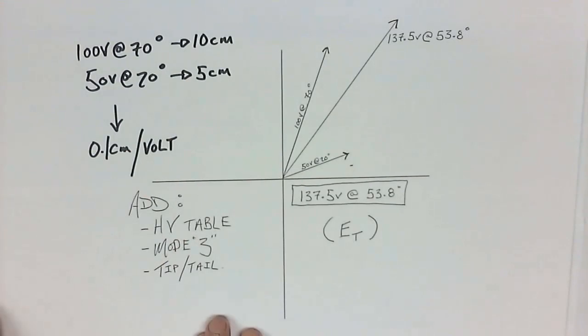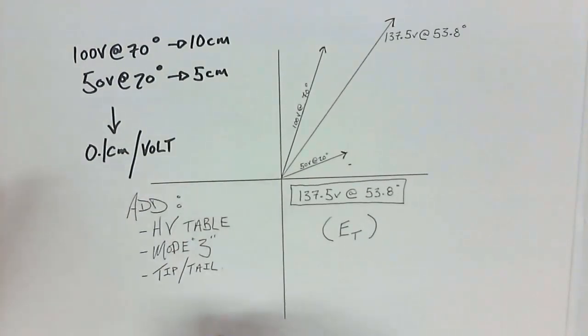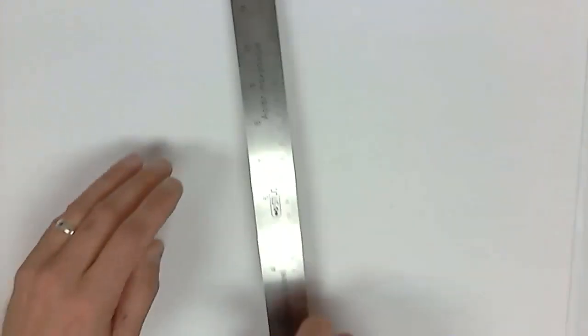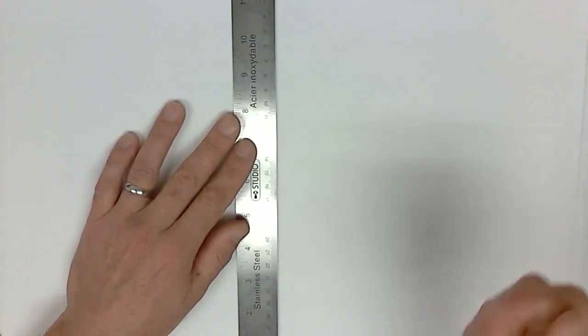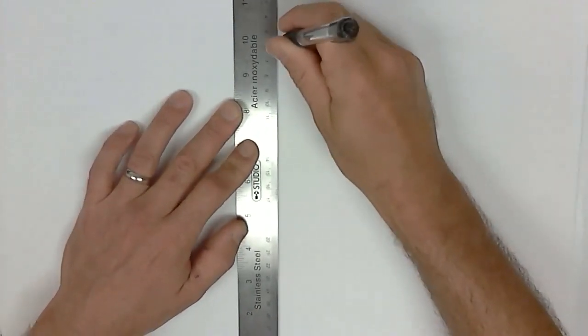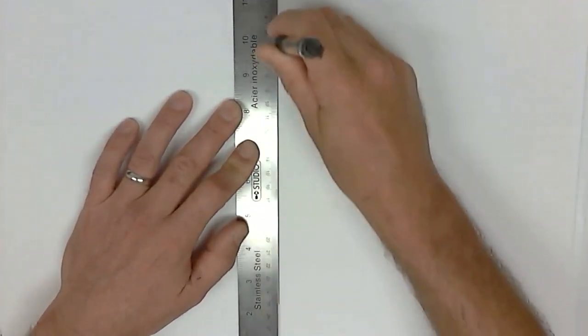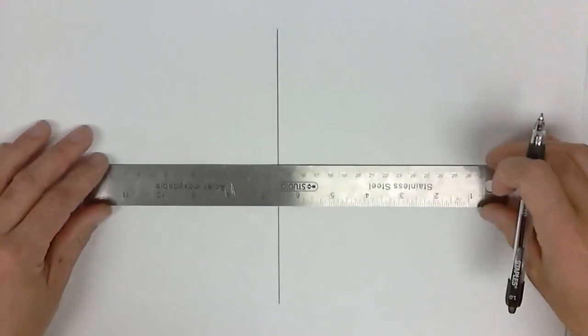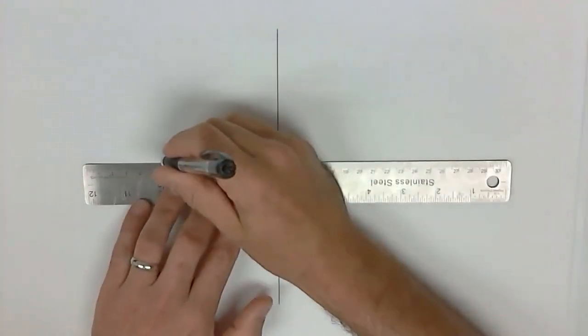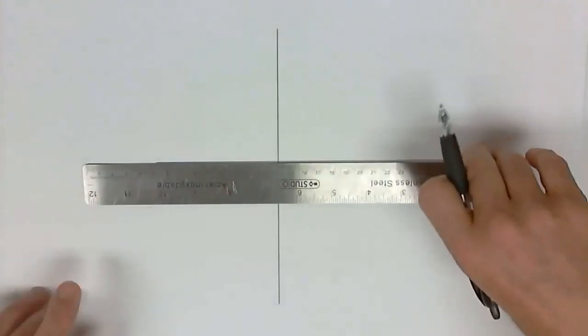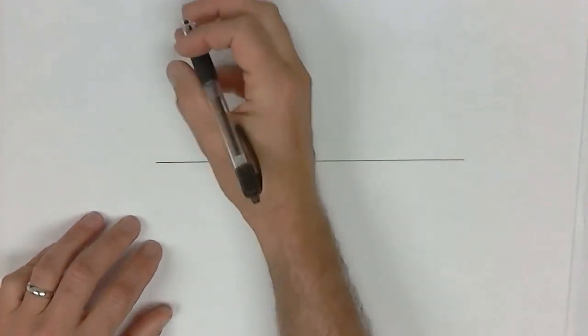Okay, so last item that I'm going to do here is just show you how we can utilize scales and the protractor when we have phasor values that aren't as even as what we just saw there. Even values, typically people don't have an issue with, but when values are not even, for some reason we find those a little bit more confusing.